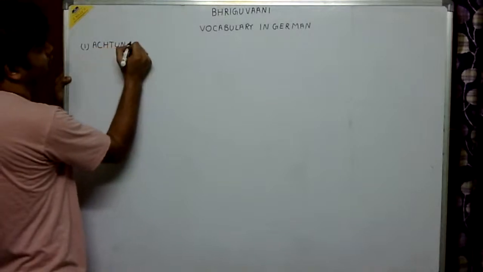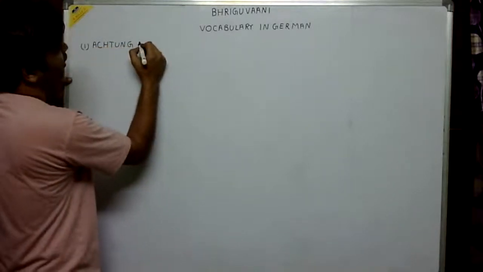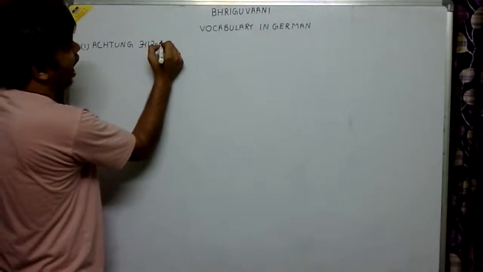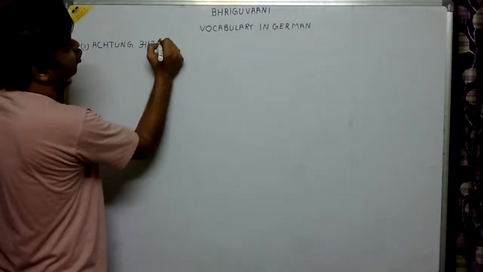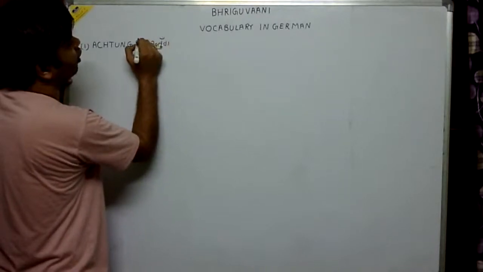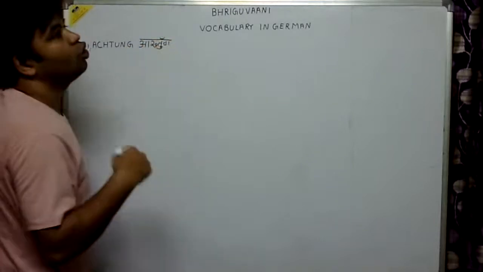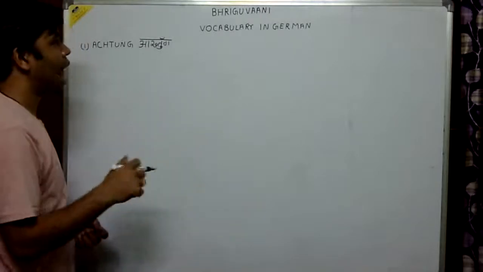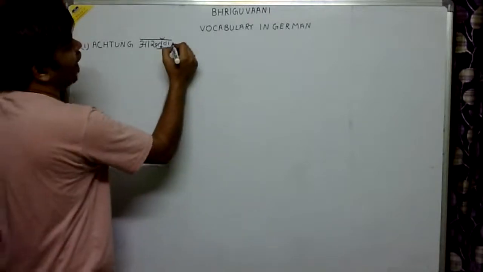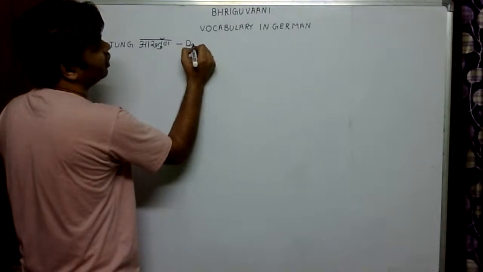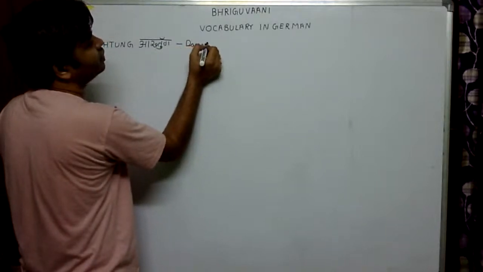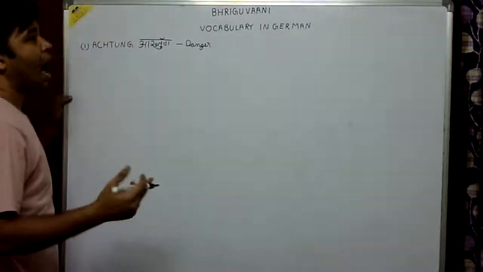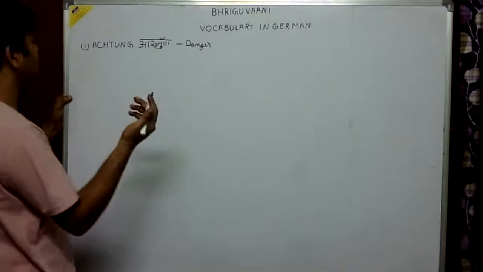In Hindi, we say it like this. It can be tung or tung, either of them. Achtung. And the meaning of Achtung is danger. Khatra, in Hindi we say khatra. Achtung.